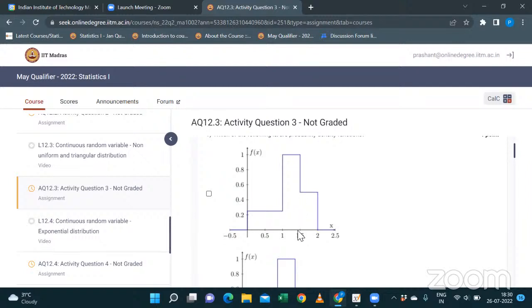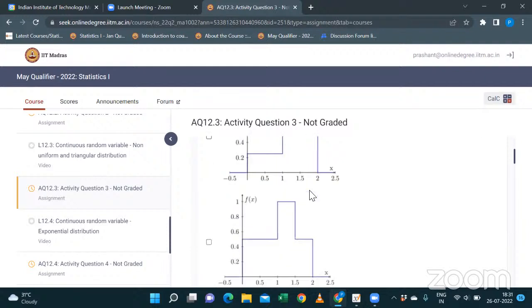So for this I get a second region, and the area will be 0.5 into 1. Similarly, for the third region you have 0.5 into 0.25, because the height is 0.25. Add all the area values; if the total is 1, then it is a PDF.